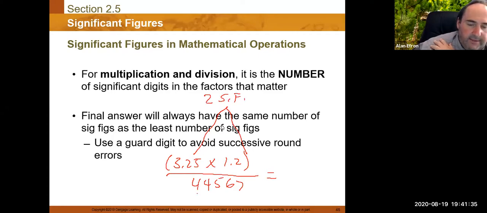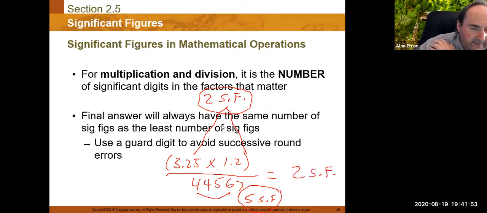On the bottom here, we have 5 sig figs. That means the last thing that we're going to do is divide a number that technically has 2 significant figures by a number that has 5 significant figures, which means our answer should end up with 2 significant figures.